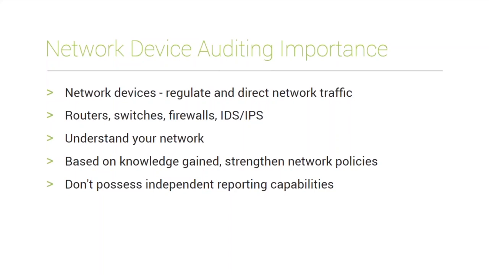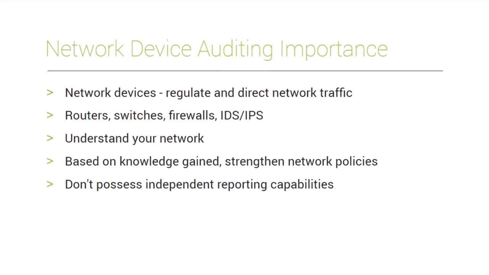So what exactly can a solution like Log 360 help you achieve here? It's always important to know what is happening at the borderline of your network. For one, it helps you understand your network. You get to find out about the flow of traffic in and out of the network, or any details about people or devices that are attempting access to your network.